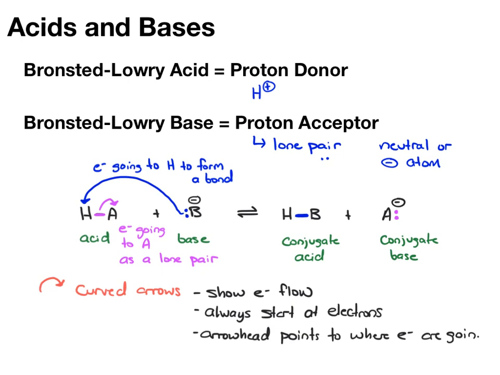Now, one place that I don't want you to get confused is where we've transitioned from resonance structures to a chemical reaction. In both cases, we show electron flow with curved arrows, but resonance structures and chemical reactions are two totally different things.